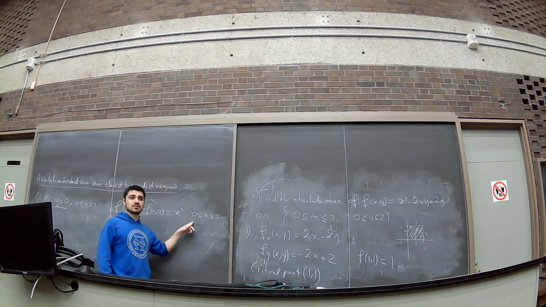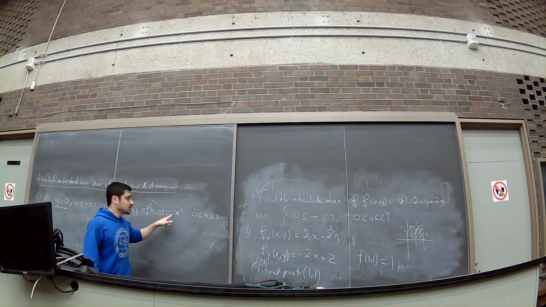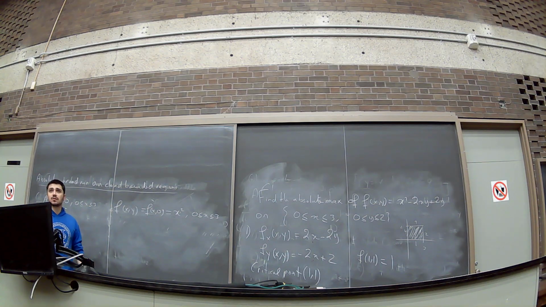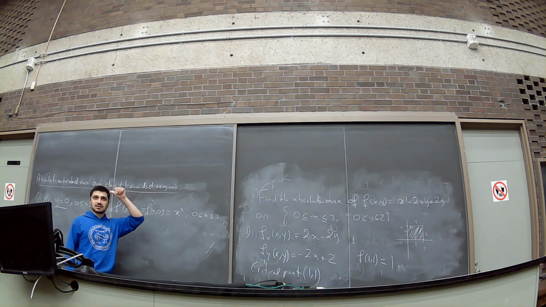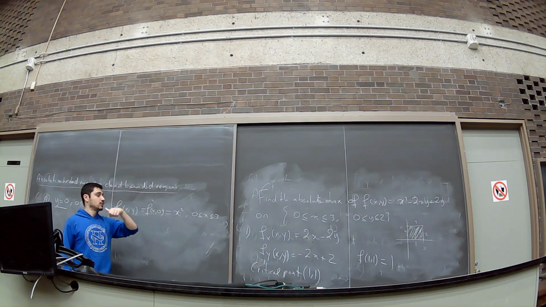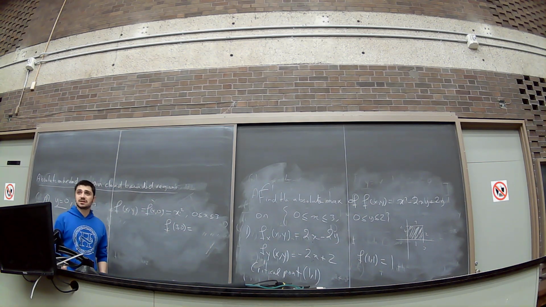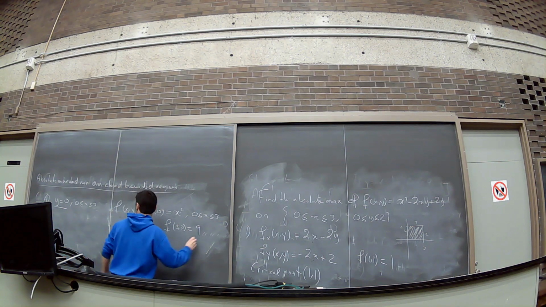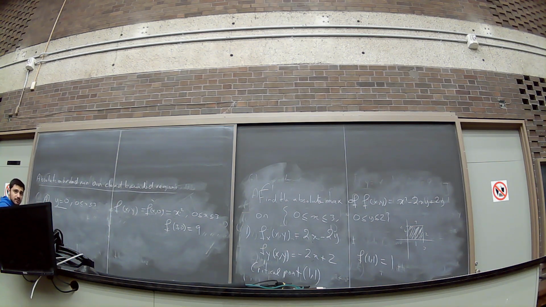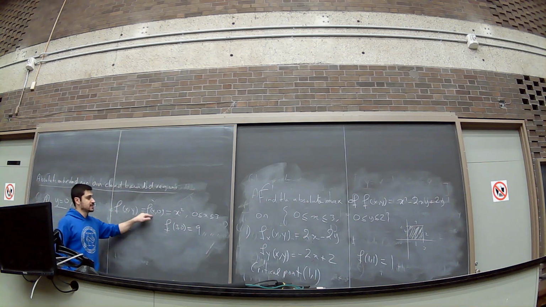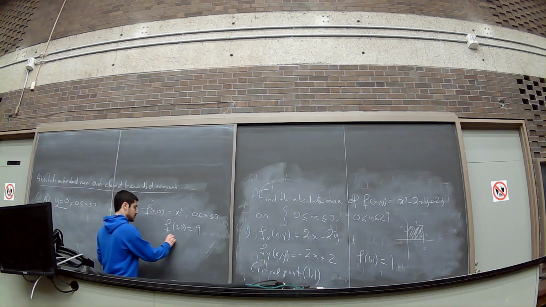At what point does it happen? At x equals 3, with the value of 9. Agree or not? So f(3,0) is 9. This is the largest value on this line. And the smallest value on this line is 0, which happens at x equal to 0.